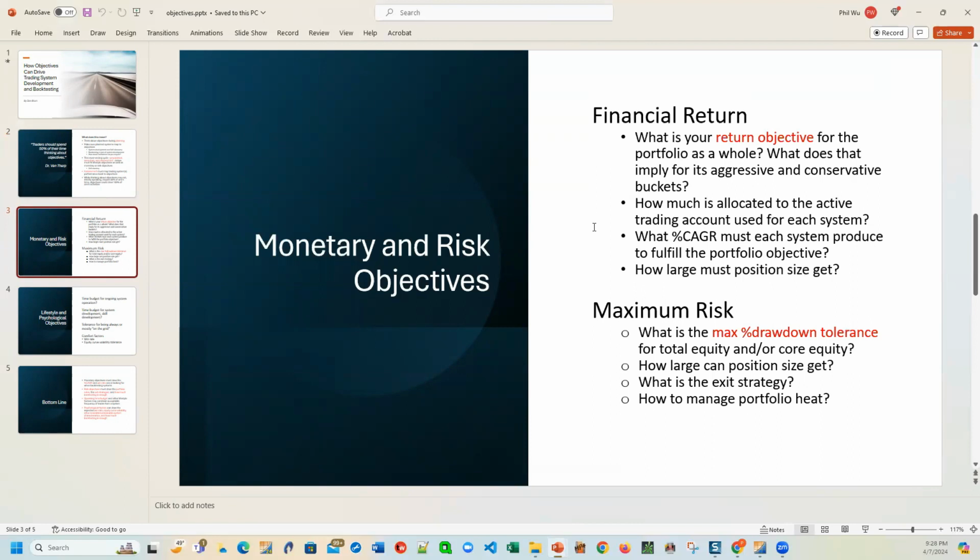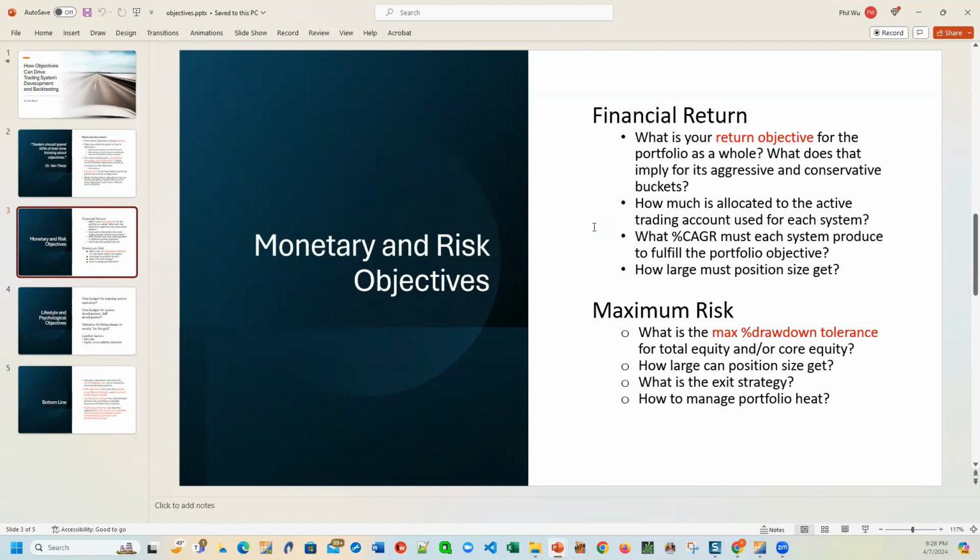Now, it also might give you direction on how large your position size needs to be. If you have a portfolio return objective and your active trading account is only 10% of that, it's not going to have that much ability to move the needle. Maximum risk, max drawdown tolerance.